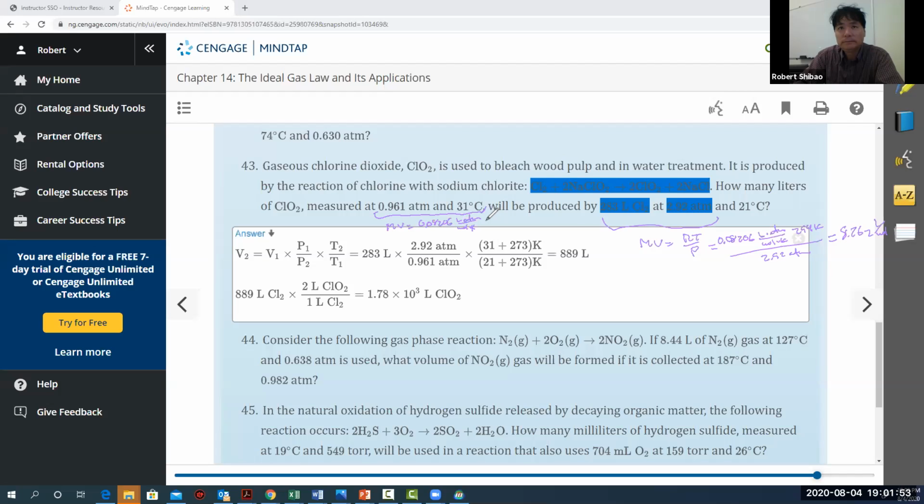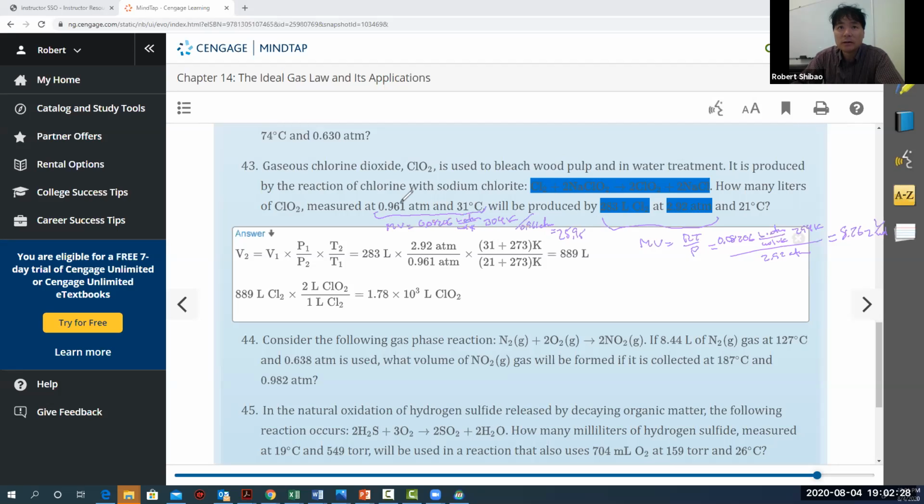Temperature is going to be 304 Kelvin divided by 0.961 atmospheres. 0.08206 times 304 divided by 0.961 is 25.95.